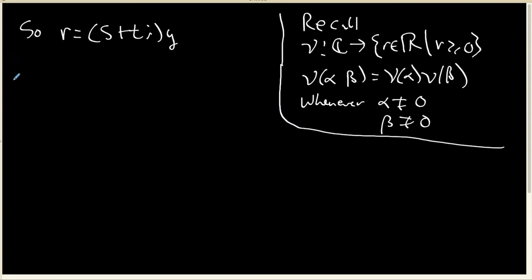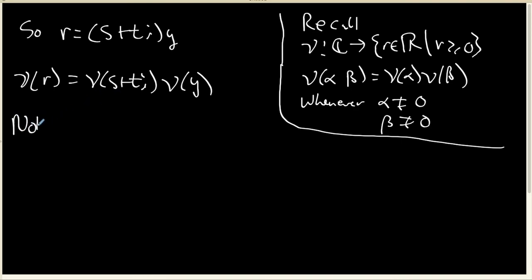And so what I want to do is think about, what do I know here? Well, let's see. The first thing is that nu of r is going to be nu of (s plus ti) times nu of y. So what can I say about nu of s plus ti?